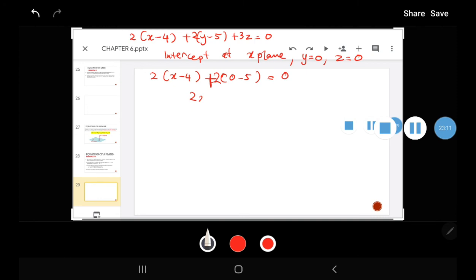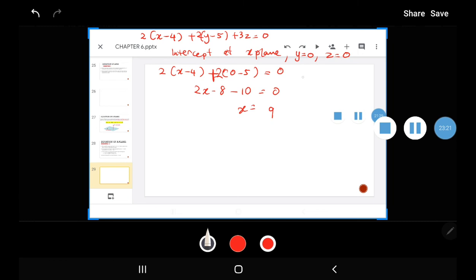So now you have 2x minus 8 minus 10 equal to 0. So x should be 9. So the point of interception at x plane should be 9, 0, 0. So that is how you find the interception at x plane.